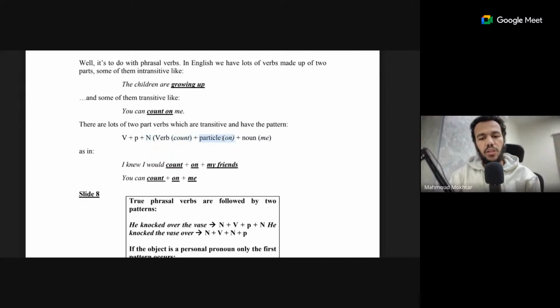Verb count, particle on, noun me. Okay, verb, particle, noun: count on me. I know I would count on my friends. You can count on me.